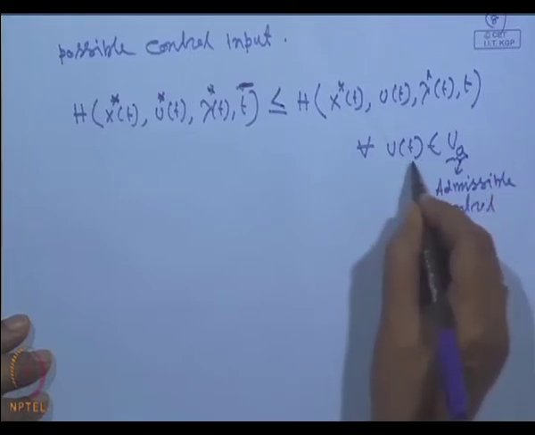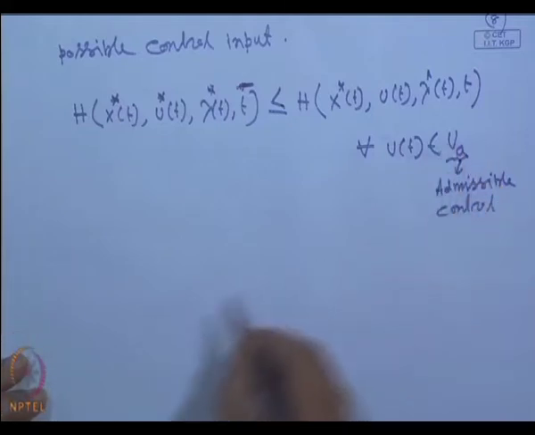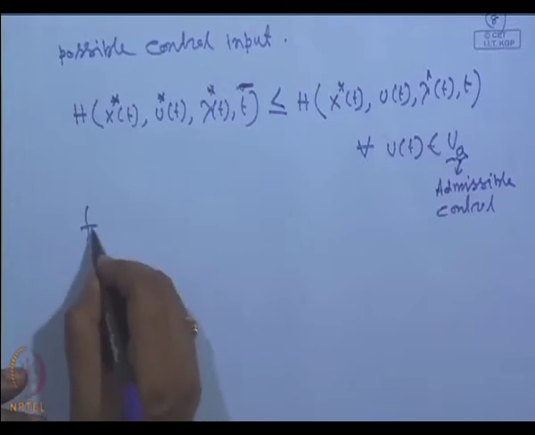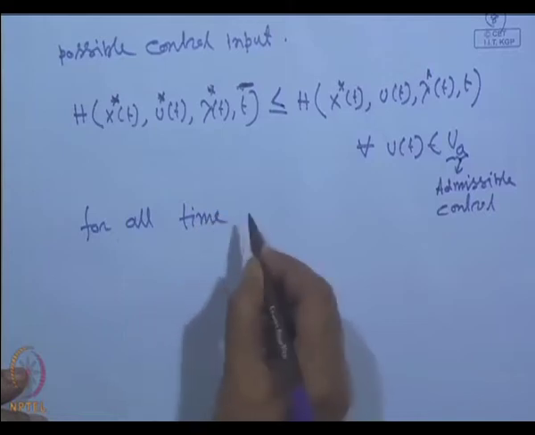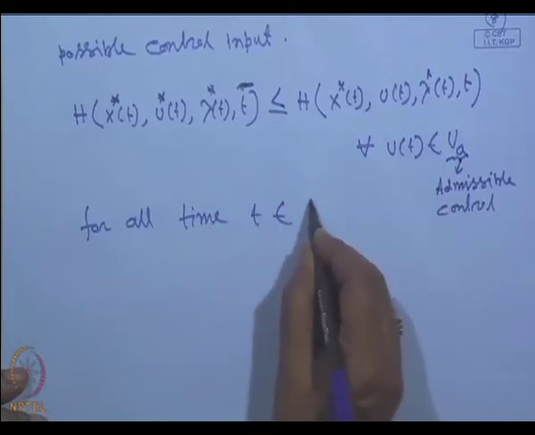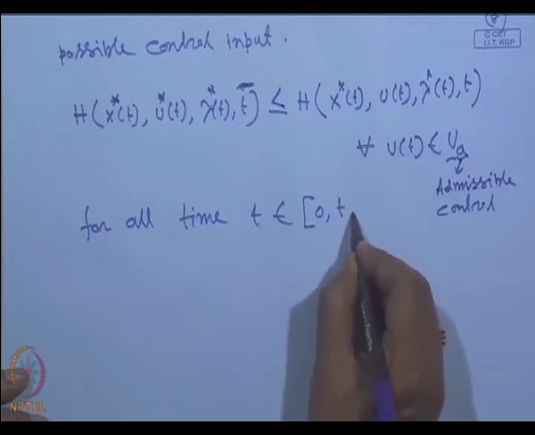That means the control input is restricted by this constraint. Agree? So, this holds for all time t belonging to 0 to t f.